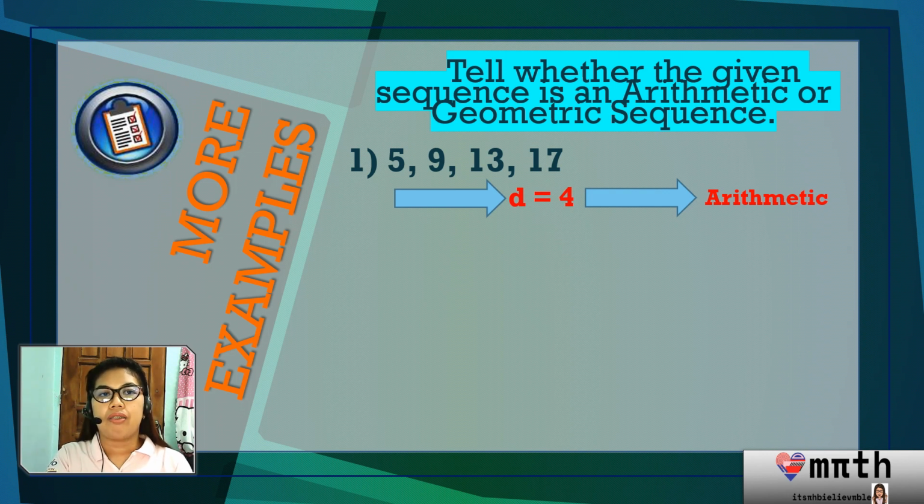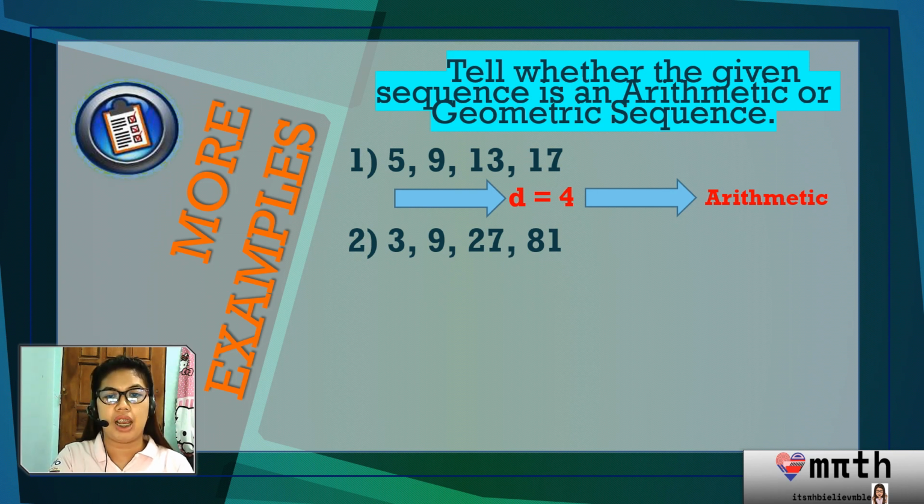Okay. Number 2: 3, 9, 27, and 81. Observe the pattern. If we subtract 81 by 27 and 27 by 9 and 9 minus 3, definitely they do not have the same difference.